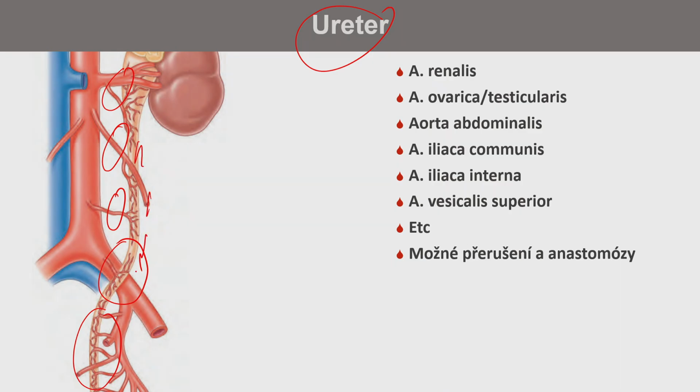So it is important that when a surgeon has to ligate those arteries, there is no risk of ischemia because the communication between territories is supplying the rest of the ureter.